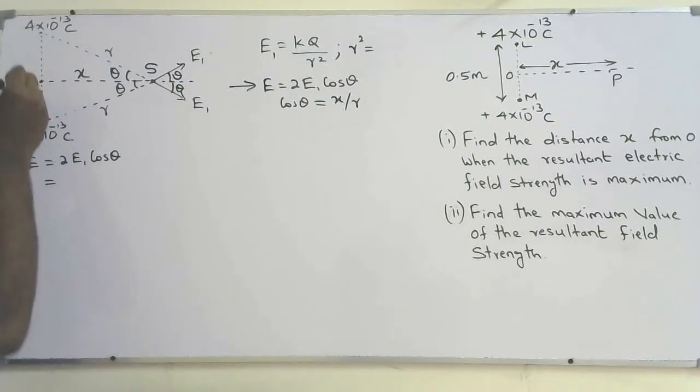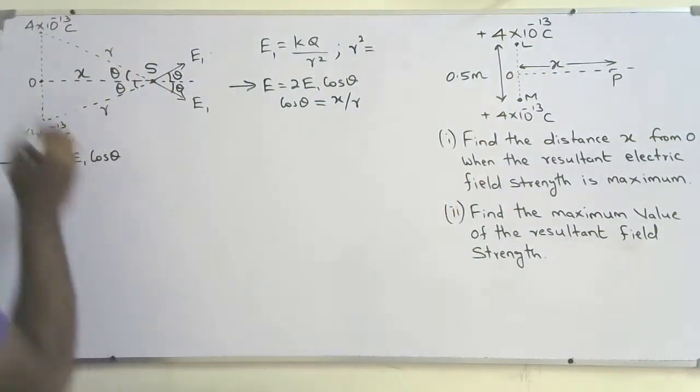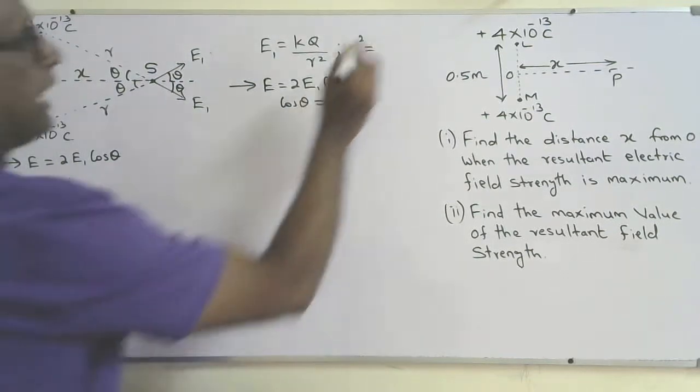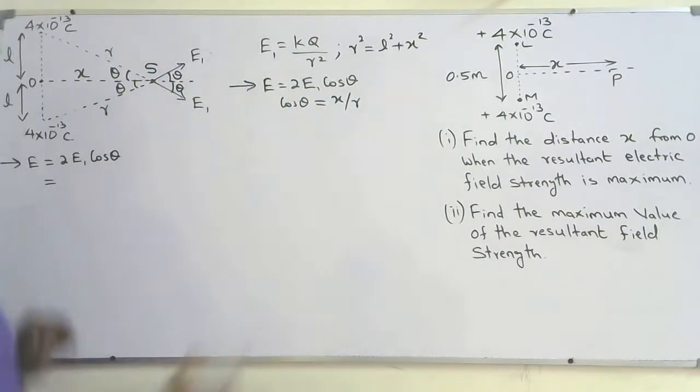I'll take half of LM, since O is the center, and call it L, which is 0.25 meters. So R squared is equal to L squared plus x squared. I'll substitute L equals 0.25 later.